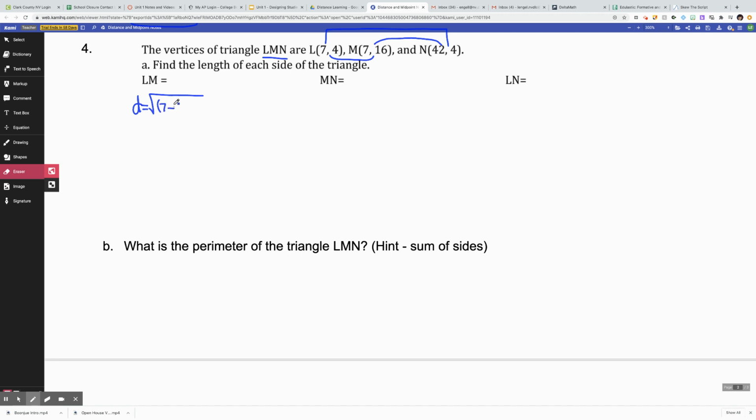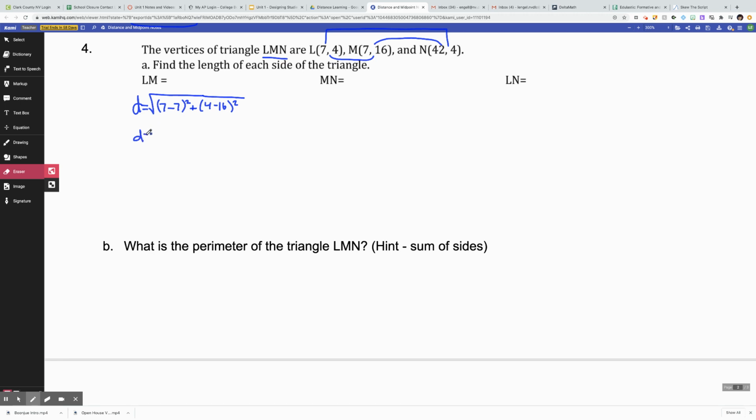So 7 minus 7 squared plus, and then I'm going to subtract my y's. So 4 minus 16. I know I'm going out of order. Technically, I chose L to be point number 2 and M to be point number 1, but remember, it doesn't matter which one you choose. So this one's just a little easier because I'm writing it in from left to right, okay?